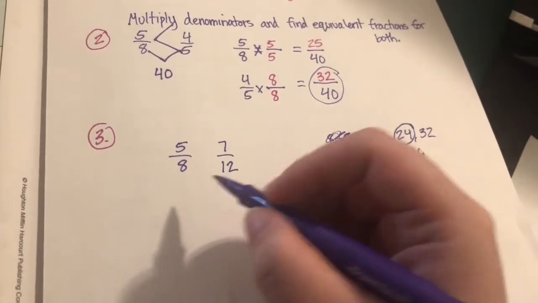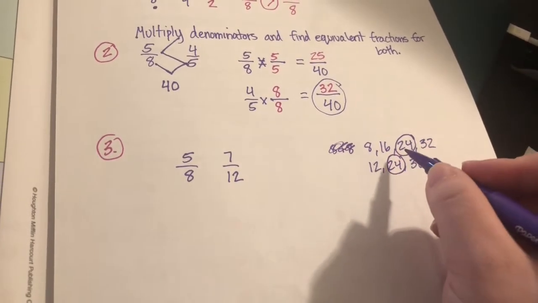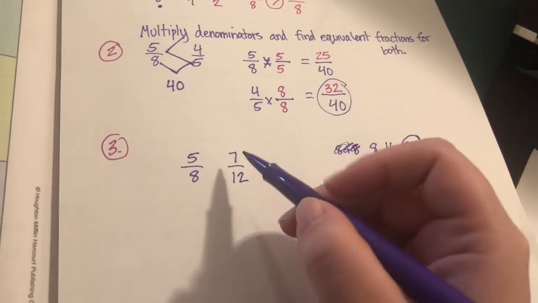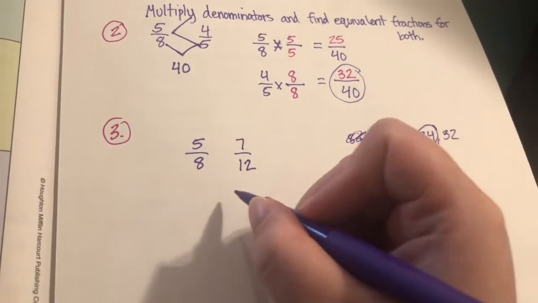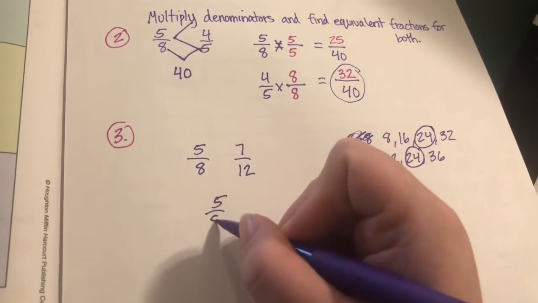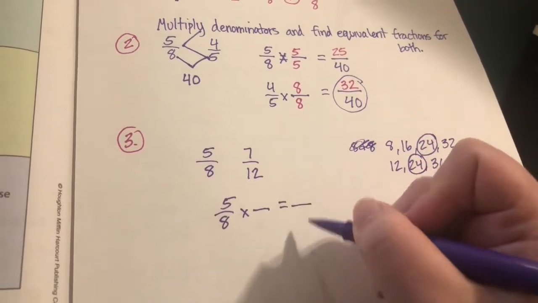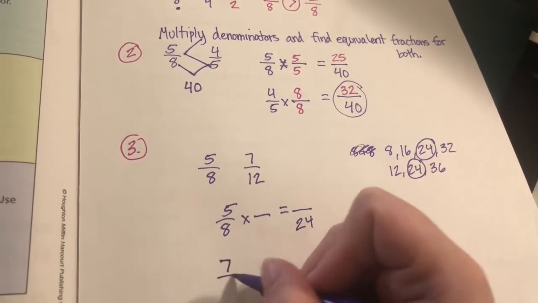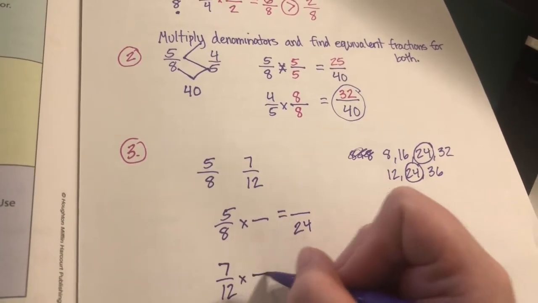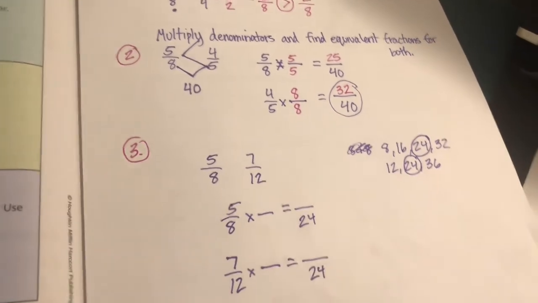So what we're going to do is change 5/8 so that it has a 24 on the denominator. Same thing with 7/12. 5/8 times something is going to give us 24 on the bottom, and 7/12 times a fraction of 1 is going to give us something with a 24 on the bottom.